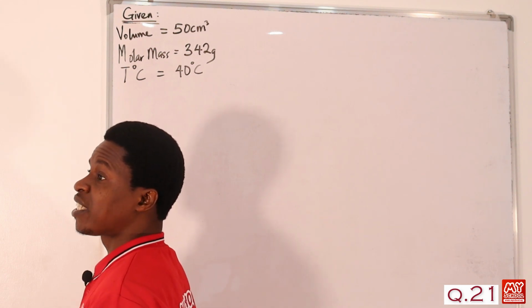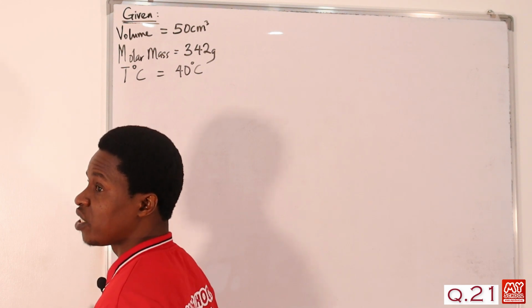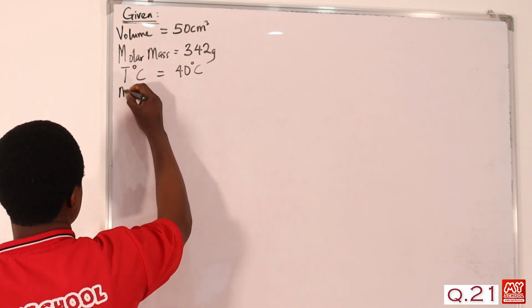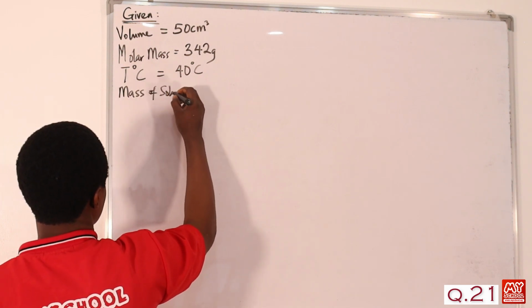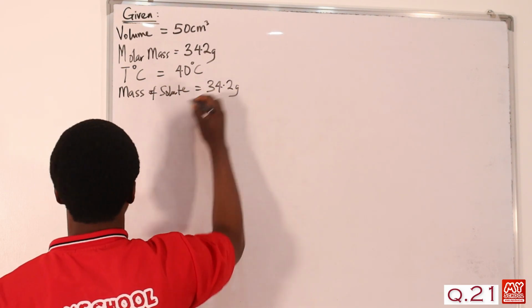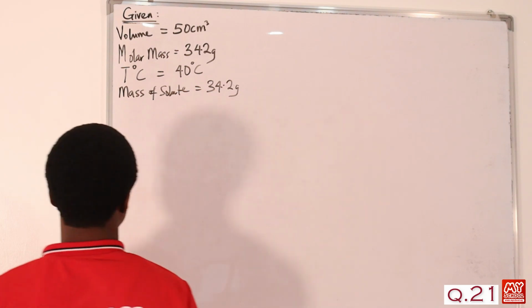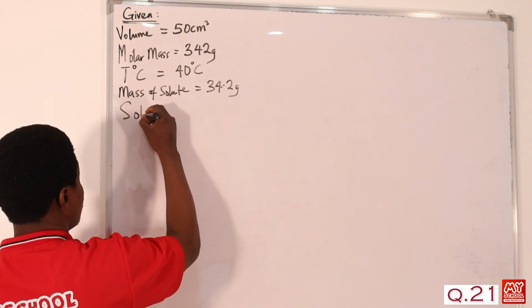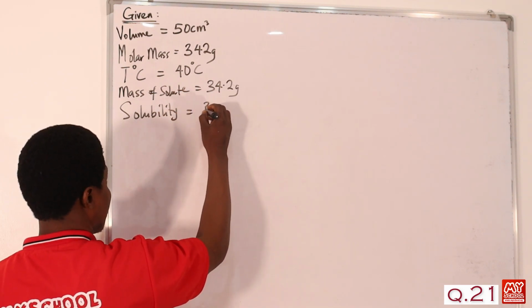It was evaporated to dryness, and 34.2 gram of dry solid was obtained. So that is the mass of solute, 34.2 gram. The solubility of sugar at 40 degrees Celsius is what? So we're asked to find the solubility of the sugar, which we write as a question mark.